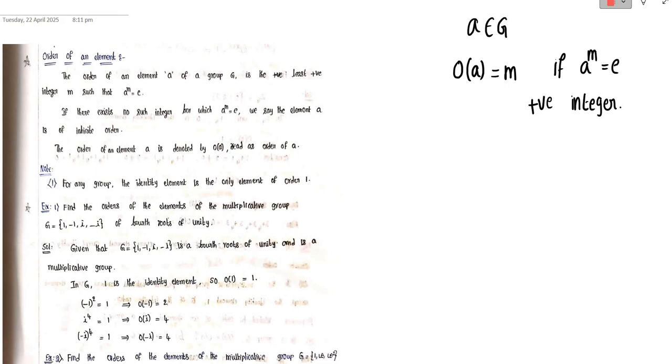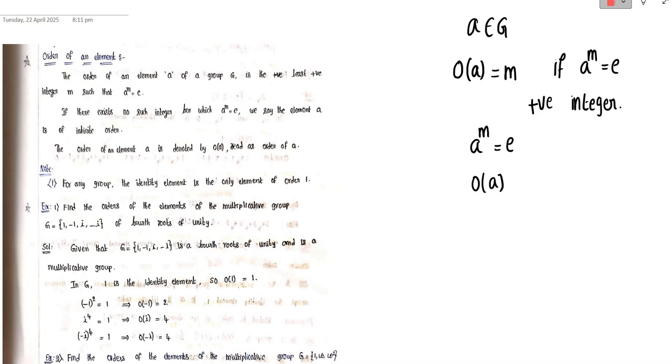If there exists no such integer, that means if it is not possible to find an integer m such that a power m equals e, we can say that a is of infinite order. The order of an element a is denoted by order of a, and it is read as order of a.